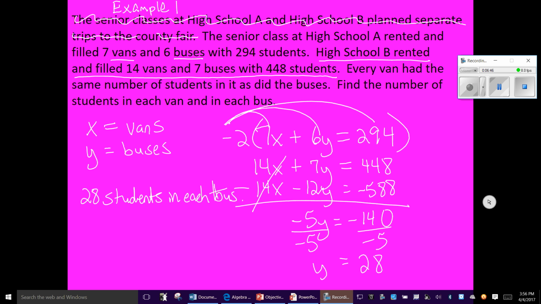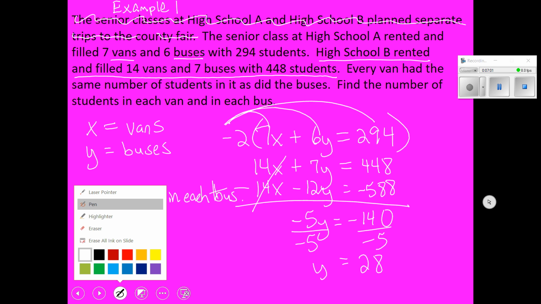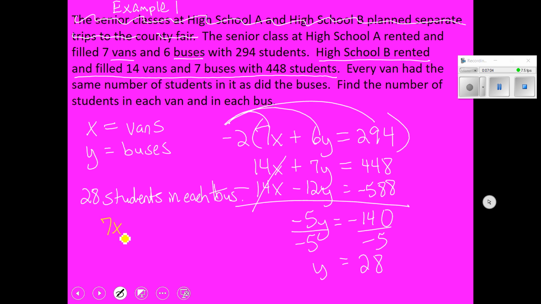All right, so to find out how many students are in each van, I just need to plug it in. I'm going to plug it into the top one. So 7x, I'm going to do it in yellow. 7x plus 6 times 28. Make sure you get it plugged in for the correct variable. It's 294. And then 6 times 28 is 168.